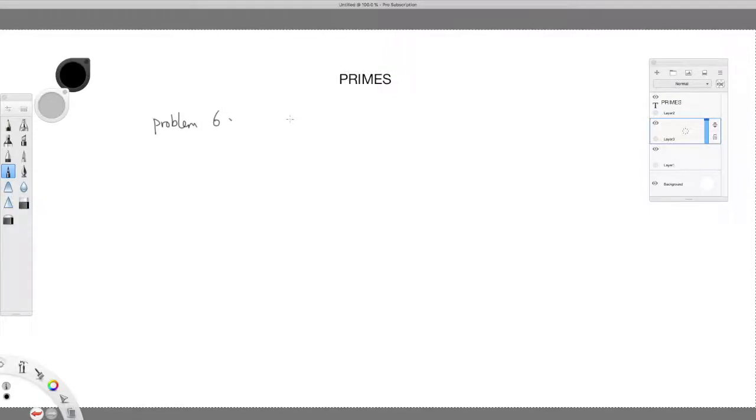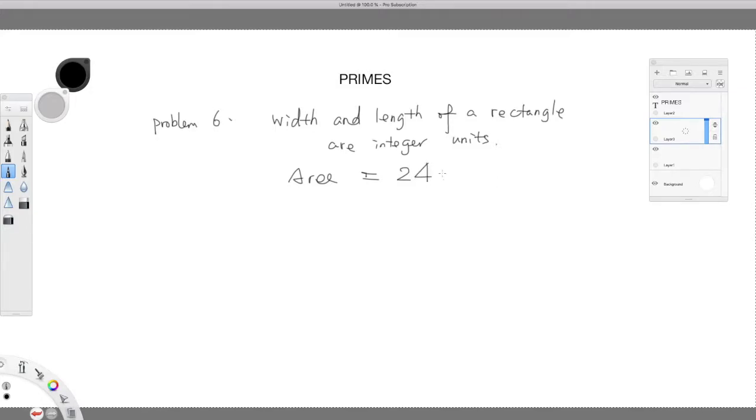I have a rectangle. Both the width and length of the rectangle are integer units. And the area of this rectangle is equal to 24 square units. Okay? The question is how many possible rectangles there are.